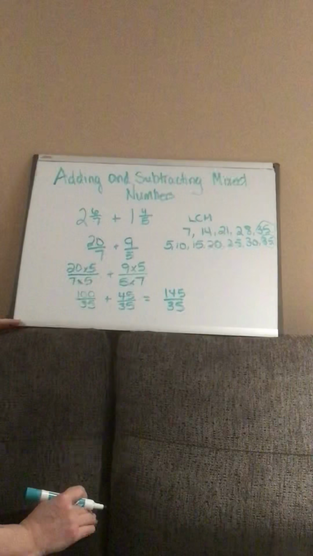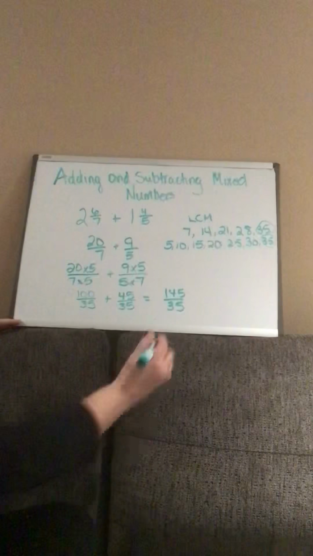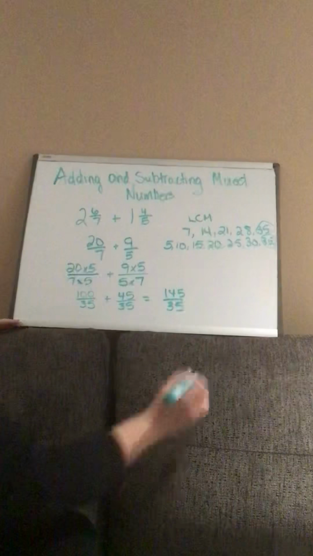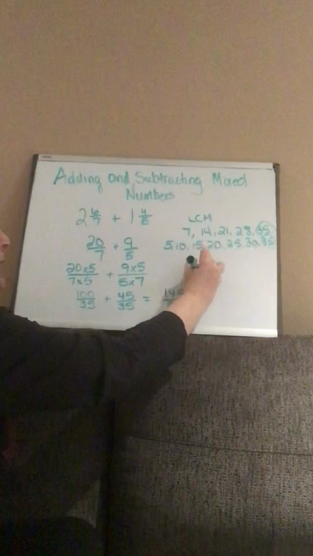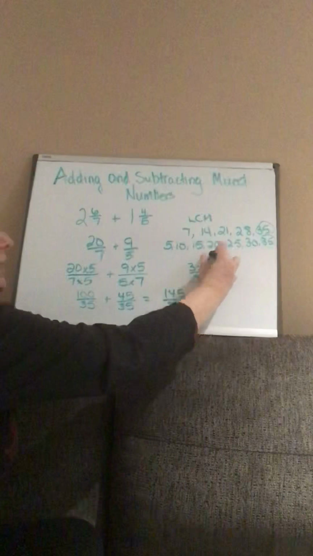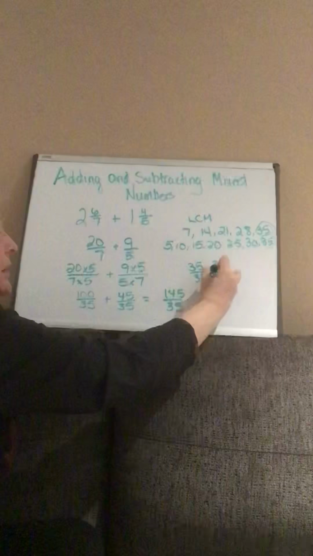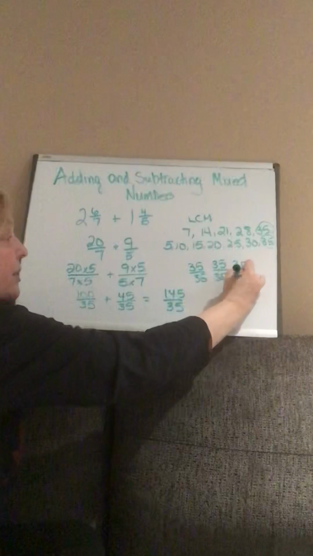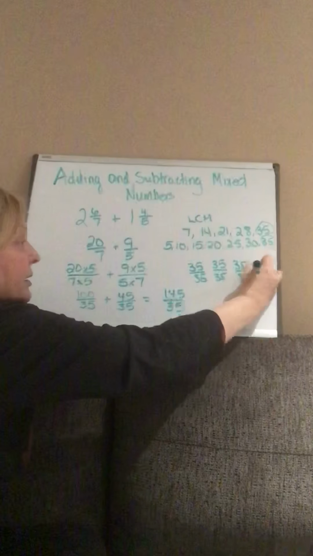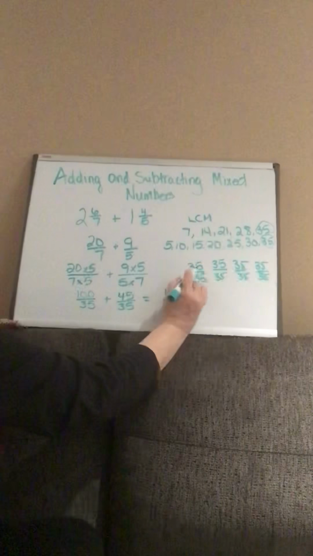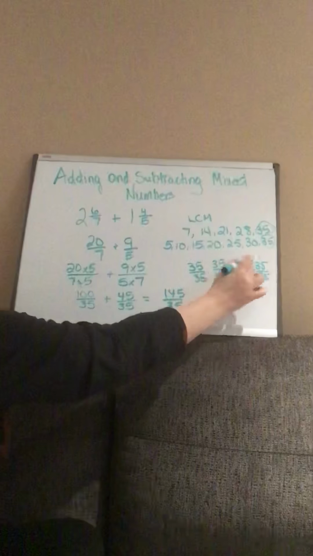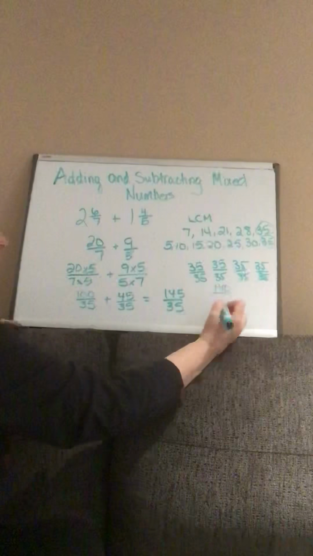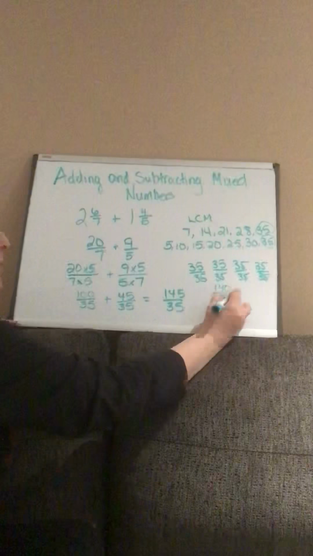The next step, kind of getting us a little bit further, is if we can change this answer into a mixed number. Well, how many groups of 35 do I have in 145? Well, 35 plus 35 plus 35 plus 35 gives me 140 over 35.